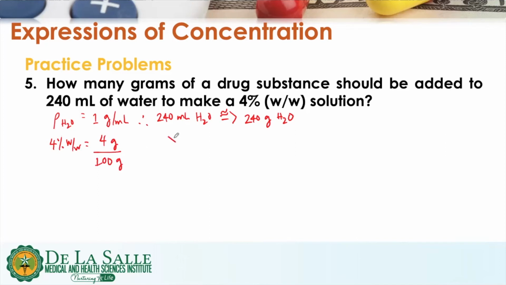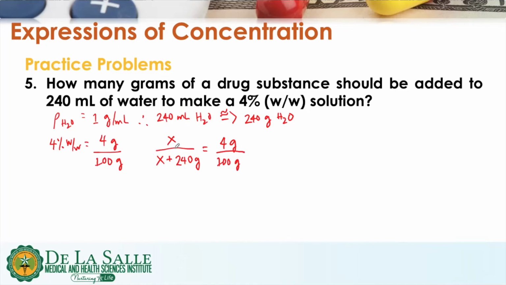Now, we do not know the amount of the drug X that should be added to 240 grams of water to make 4% of the solution, or 4 grams of solute present in 100 grams of the solution.